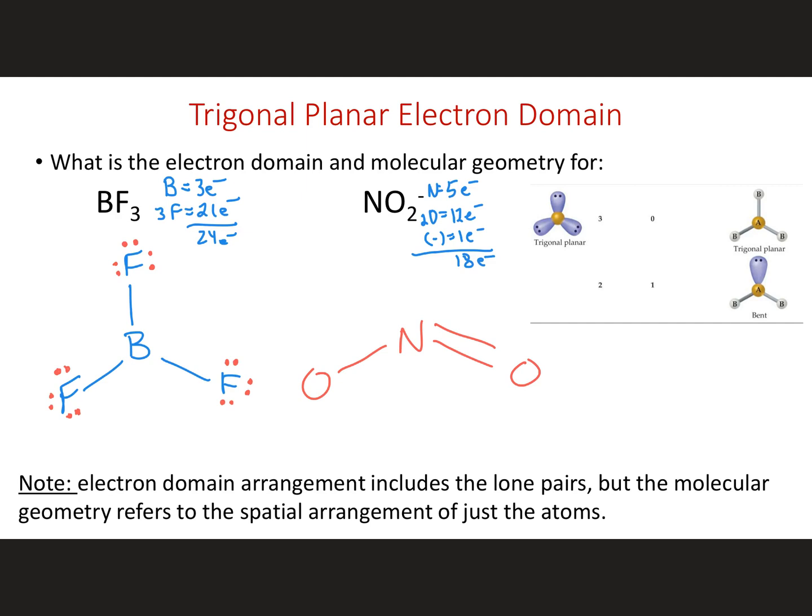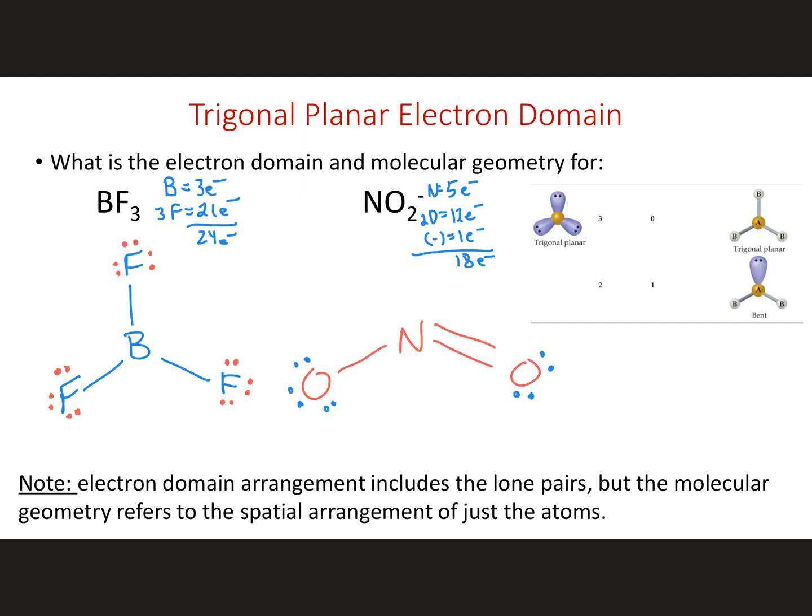Now I want to start filling the octet for some of those oxygens. So I need to assign 12 more electrons. Here's 1, 2, 3, 4, 5, 6. This oxygen has a full octet, 2 bonding, and then 6 lone pair electrons.